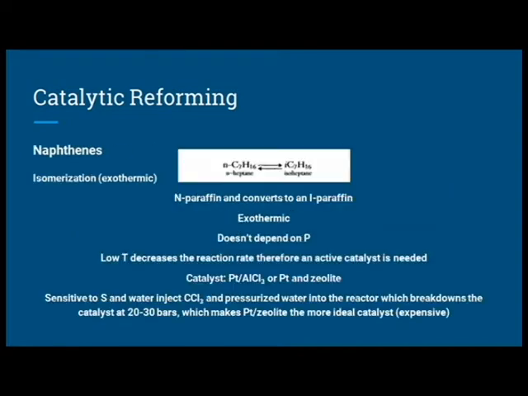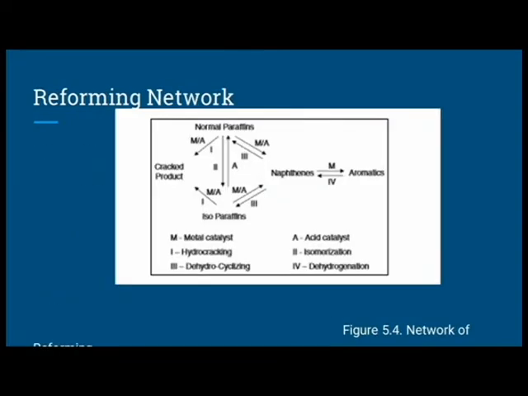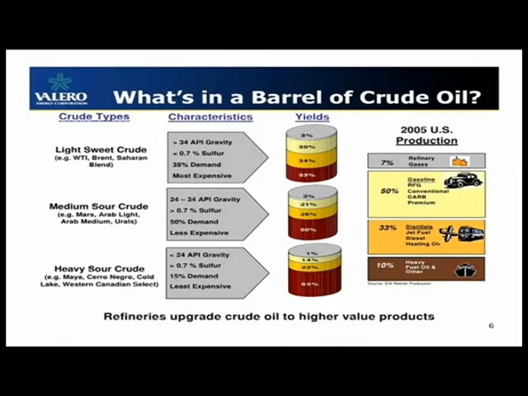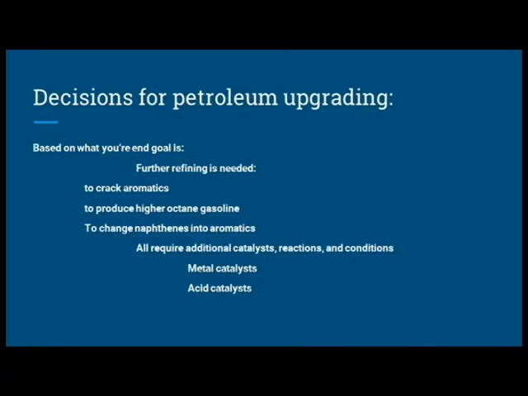Fast forward a few slides and we see that inside each barrel of crude, you have middle, light, and heavy distillates, which come from the heavy, light, sour, and medium crudes from different sources, as mentioned before. Essentially, your end goal is going to dictate which catalyst you have to choose.